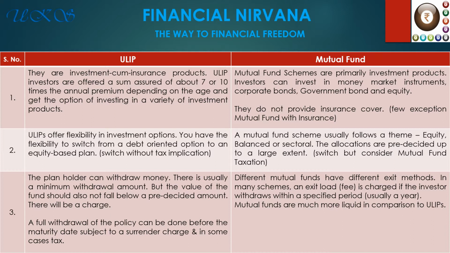Different mutual funds have different exit methods. In many schemes, an exit load or a fee is charged if the investor withdraws within a specified period, usually a year. Mutual funds are much more liquid in comparison to ULIPs. We'll go through a few more differences between ULIP and mutual funds.